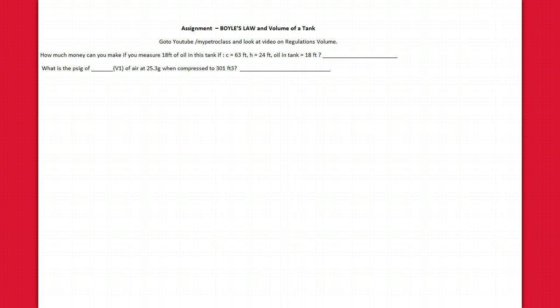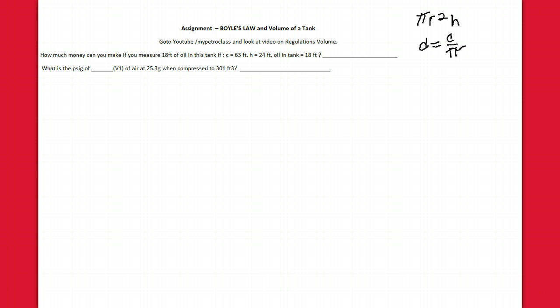First thing I like to do is to start writing down my formulas. The formulas that I like to write: V is pi r squared h. That's one of them. D is equal to what? The diameter is equal to circumference over pi.